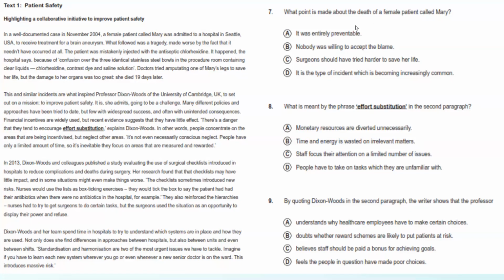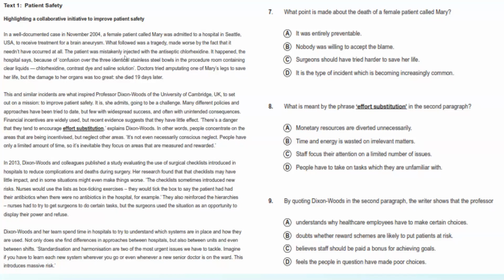In this question prompt, what point is made about the death of a female patient called Mary? So you will search for the first paragraph that talks about this patient, Mary. As you see clearly here, we have this name, Mary, in this first paragraph.